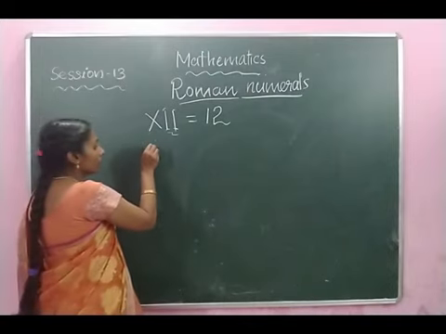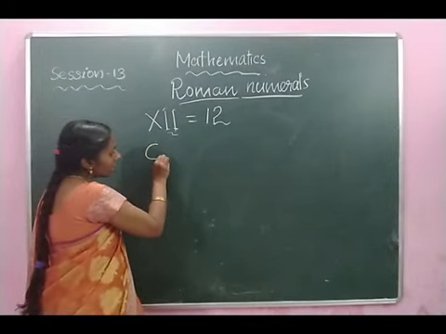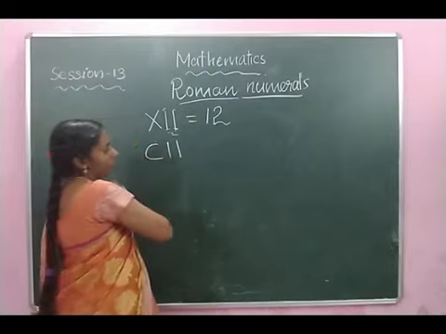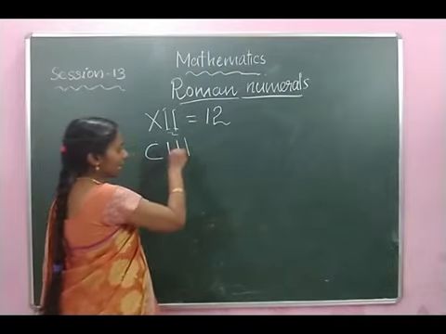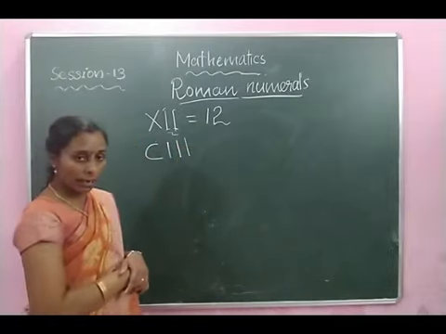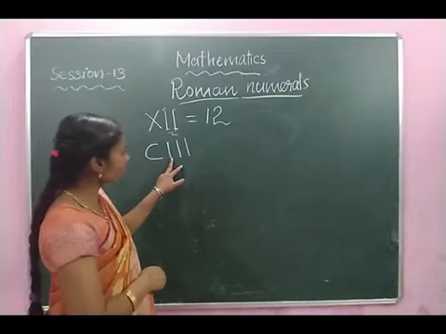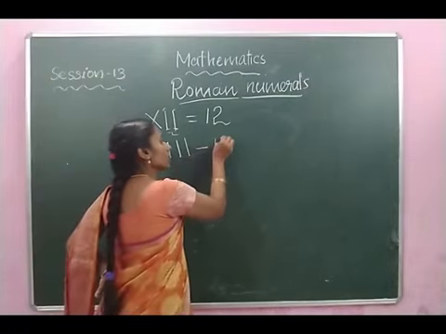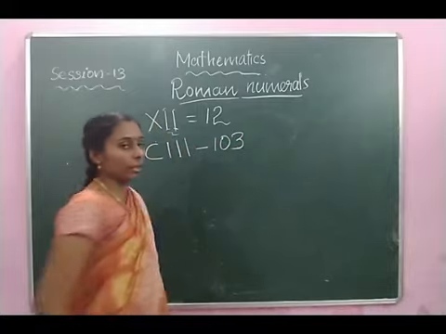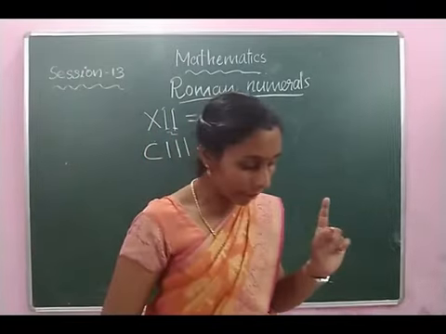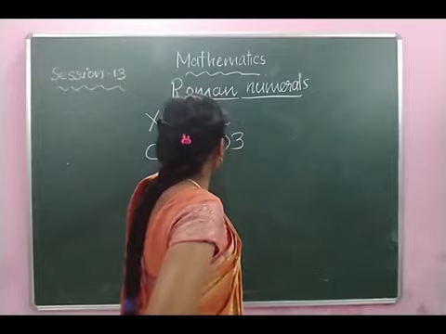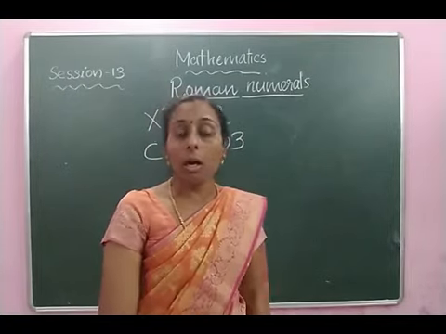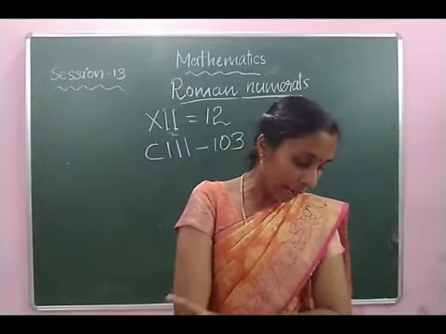Then C means 100, CI means 101, CII 102 and CIII 103. Okay. This way, how many times can it repeat? Maximum 3 times. Can't repeat it more than 3 times.